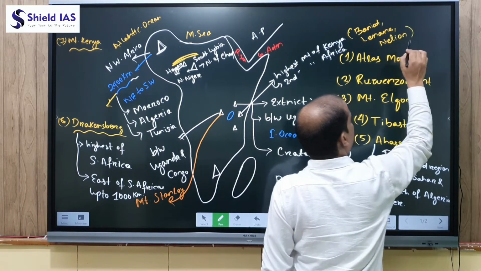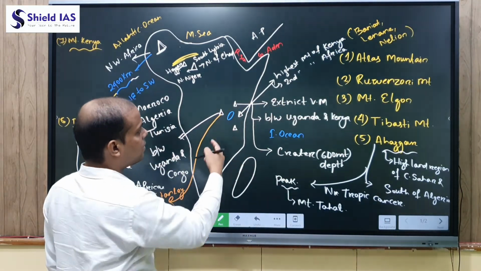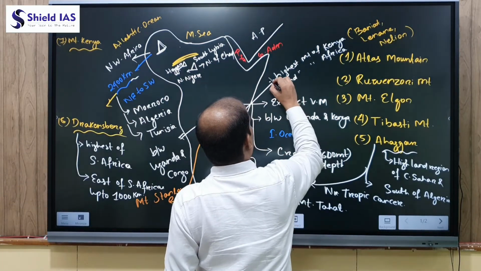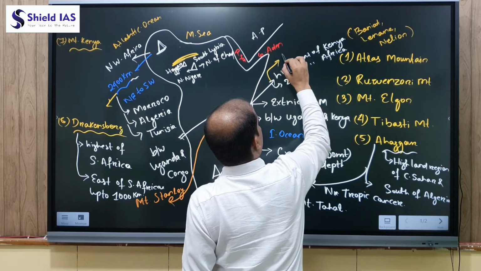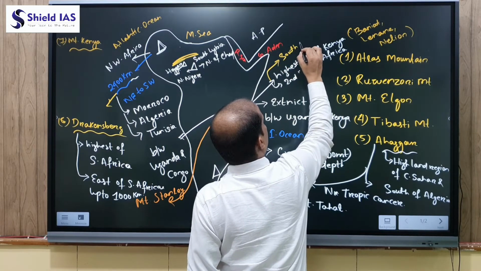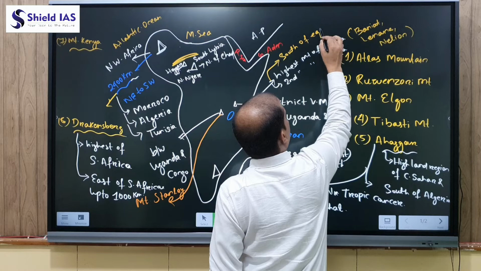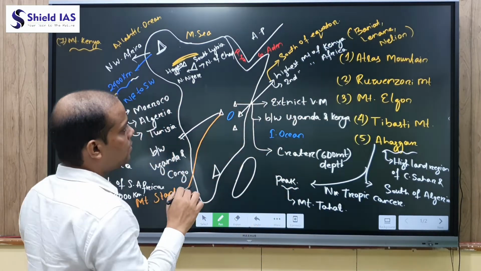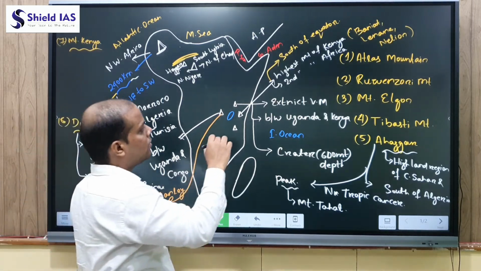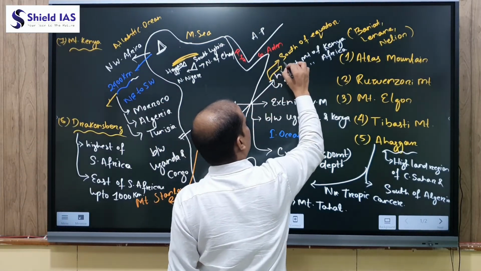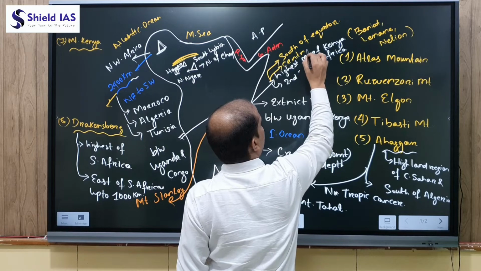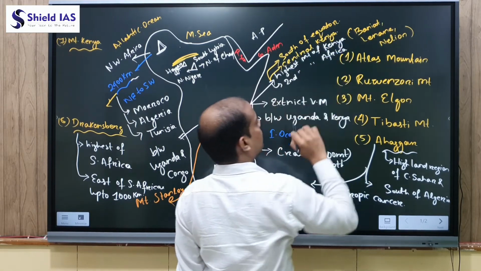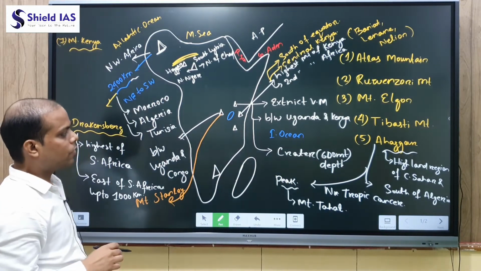So there are three important mountain peaks, the highest peaks in the Mount Kenya region, and this also lies just south of the equator. It is also located in central Kenya. So these are all information about Mount Kenya.